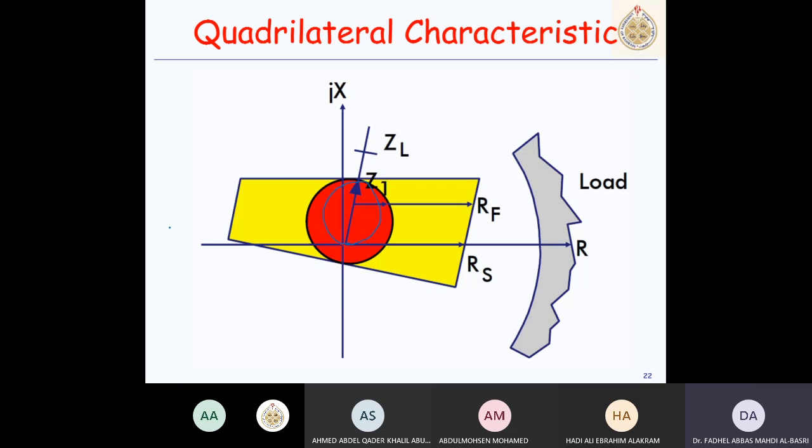The yellow area is the quadrilateral, sorry, the polygon type. As you can see, if I use mho, this is the resistive coverage. If the fault is here, but the fault resistance is larger than this value, mho will not see these faults as internal faults.